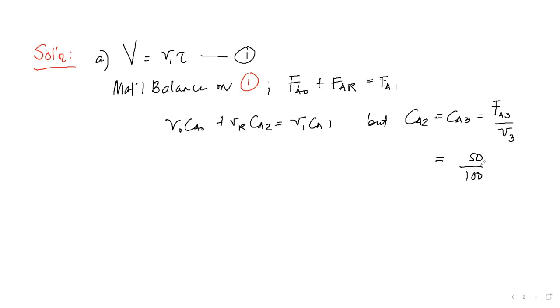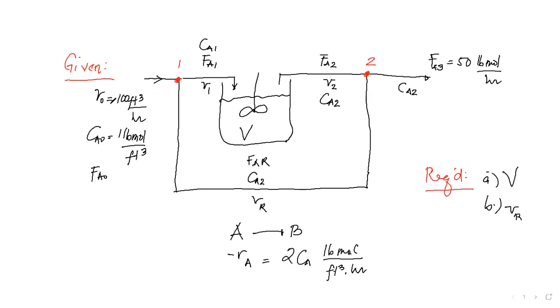Now, where did we get the 100? If we go back to our drawing, the V sub O is 100 cubic feet per hour. Automatically, we can say that this V3 would also be equal to V sub O, because if we do material balance here, cut through here, V sub O should be equal to V3.